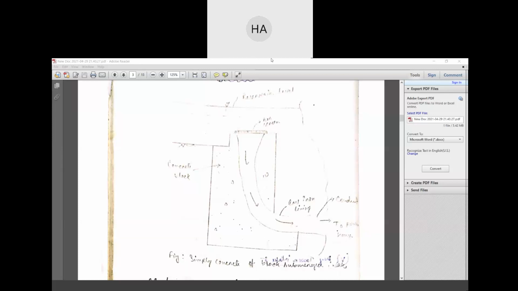Here we have the bar screen. This is our tunnel. This is our concrete block, at the bottom of the reservoir. I think the term itself we have understood: submerged, so it's underwater.